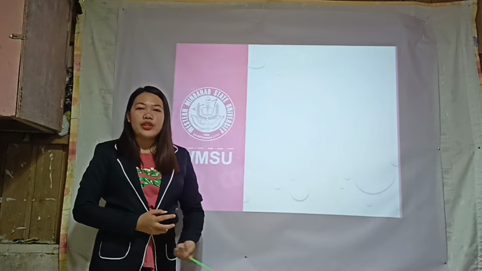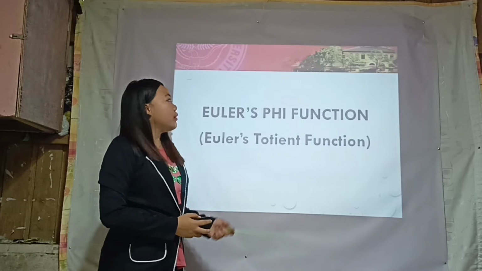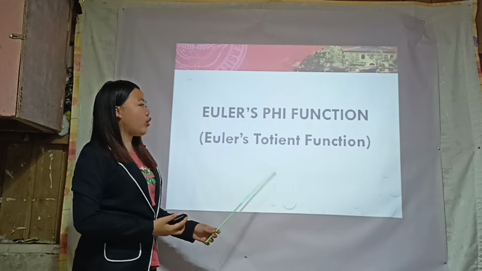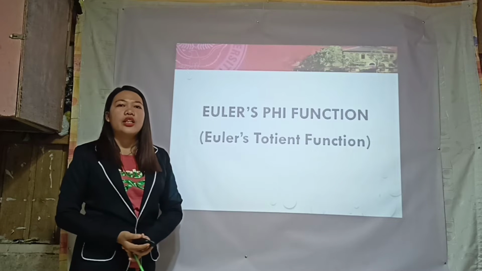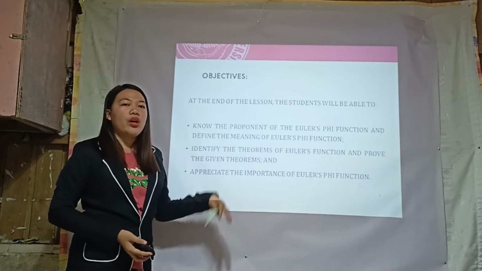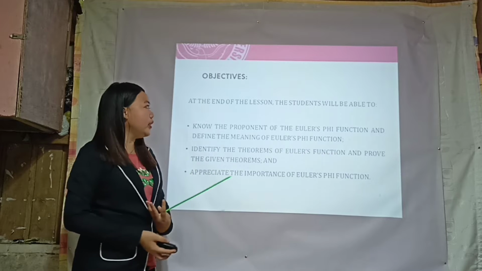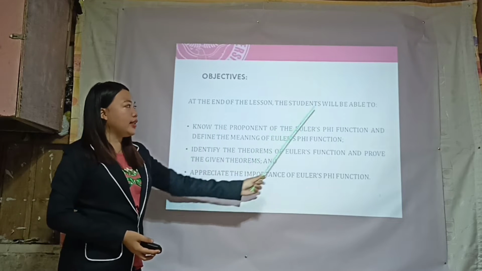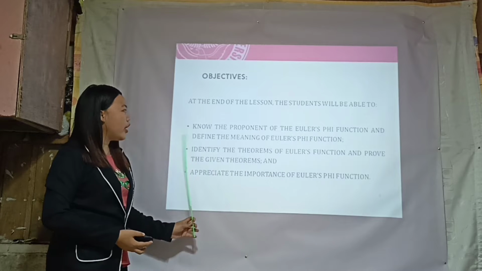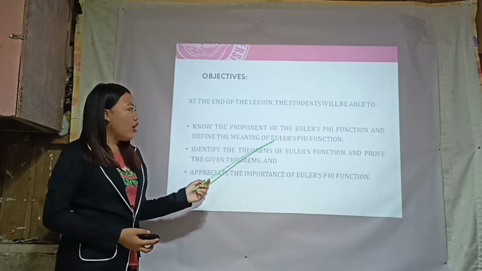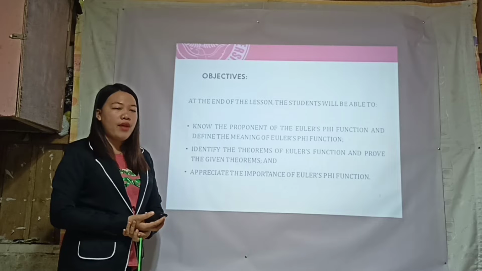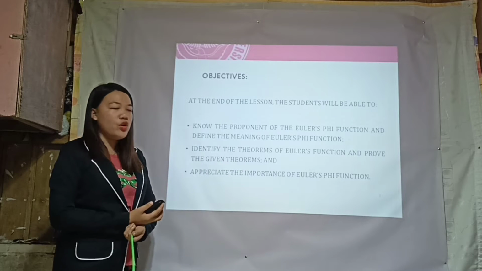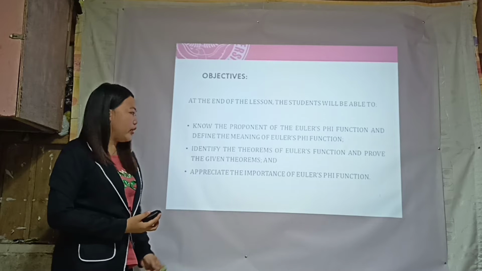So our topic for today is all about Euler's phi function or Euler's totient function. So the objective of this lesson is, at the end of the lesson, the students will be able to know the proponent of the Euler's phi function and define the meaning of Euler's phi function.